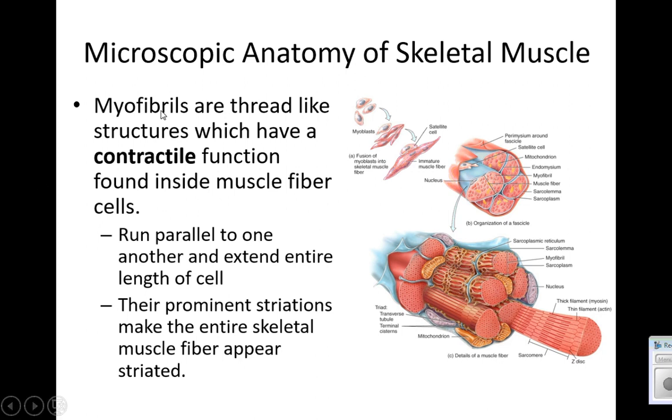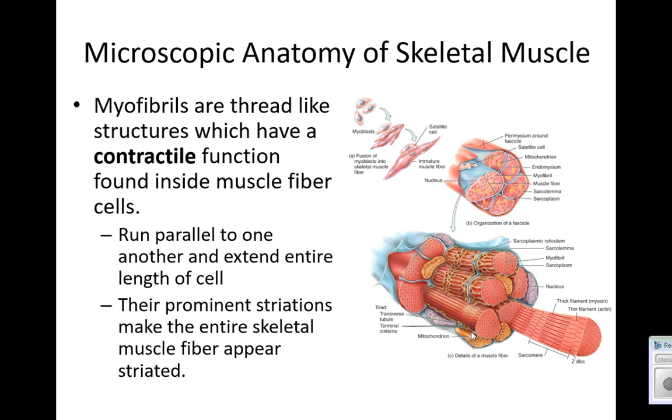These things called myofibrils, which are these cylindrical structures in red. And we've pulled one out to show what it looks like. These myofibrils are the actual structures that contract, therefore contracting the entire muscle fiber, thereby contracting and shortening the entire muscle.